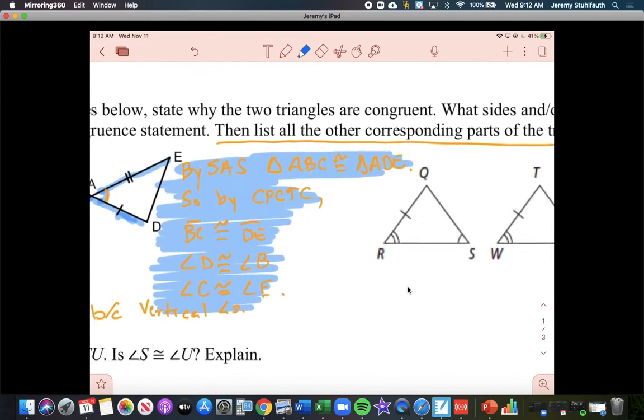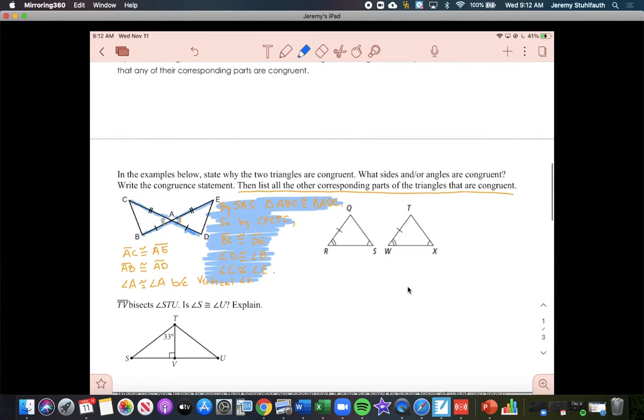Okay, so take a look at these next two triangles. Again, the question is, are these two triangles congruent? So is QRS congruent to TWX?